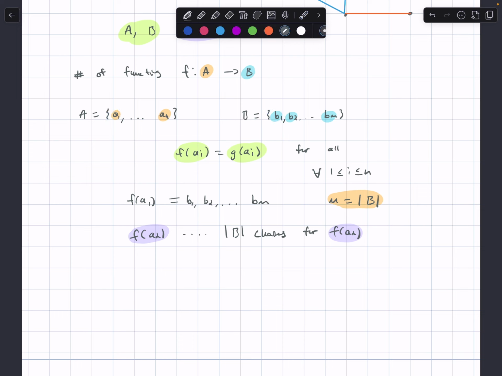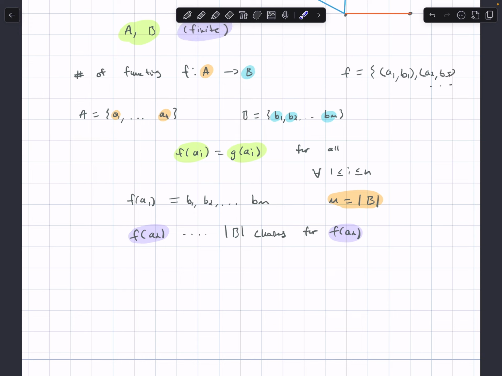And then when we were writing the function f as a set of ordered pairs, you may have seen this before. If not, do check out the video on this. We could say f is equal to the set of ordered pairs a1, and then if we decide to send it to b1, we would put b1 in there, and then we would put a2, and wherever we send it, a2 gets sent to maybe like b5 or something like this.